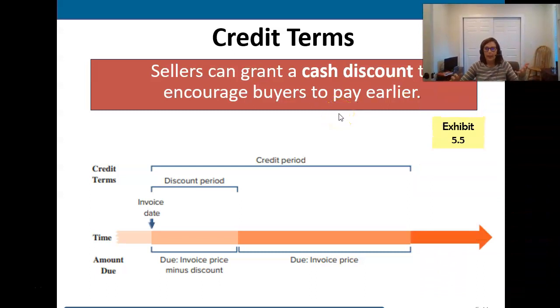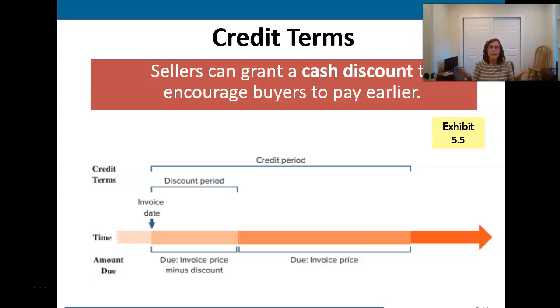Now, in the case I just talked about, we were using cash, but quite often companies don't want to do that. They don't want to tie up their cash if they don't have to. So they would rather buy it on account, use credit. Meanwhile, you've got somebody who's selling the inventory who would really like the cash.